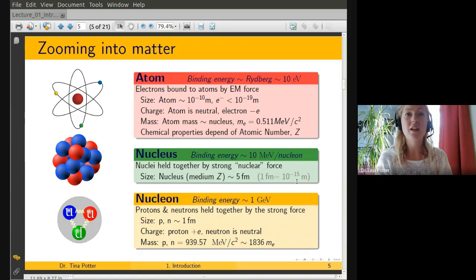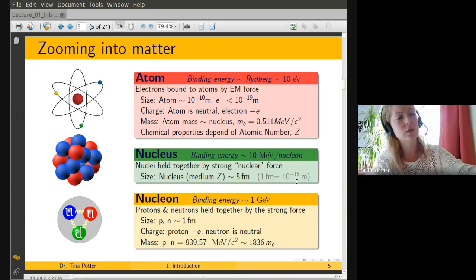So that's 10 to the 9 electron volts. We're talking about much, much smaller distances, about 1 femtometer there. And we know the masses of the protons and neutrons that the up and down quarks and the gluons all make up as well. So these are the nuclei, what we're going to be talking about for nuclear physics, and then the quarks and the electrons and the other fundamental particles are what we're going to be discussing for particle physics.